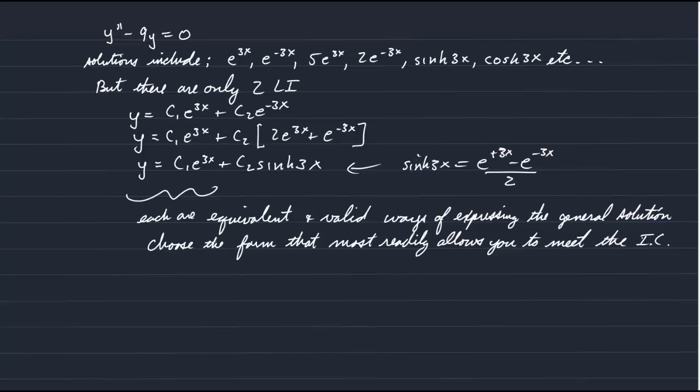Let's go over one more example here. If we have y triple prime plus y prime equal to 0, the valid solutions, there will be 3 linearly independent solutions, and those include cosine x, sine x, and a constant, right?